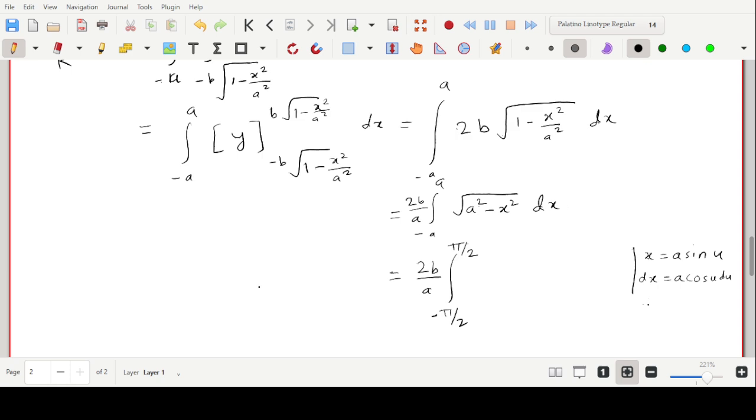And now we can substitute square root of a square minus a square sin square u, and dx is a cos u du.